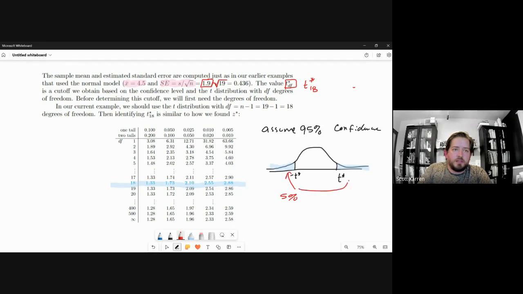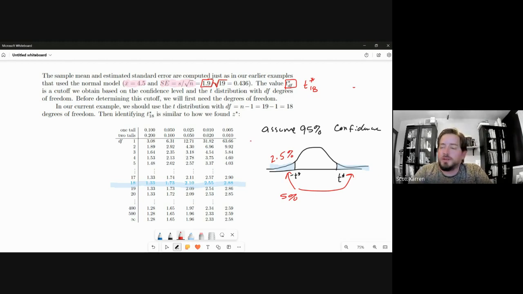So if there's 5% in the two tails of this distribution, we assume that it's symmetric. The left side looks like the right side. The left side should have the same distribution as the right side, roughly. So that means that in each one of these, we've got 2.5%.